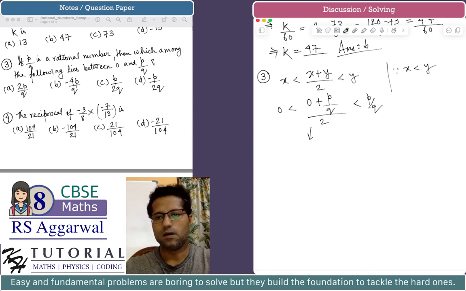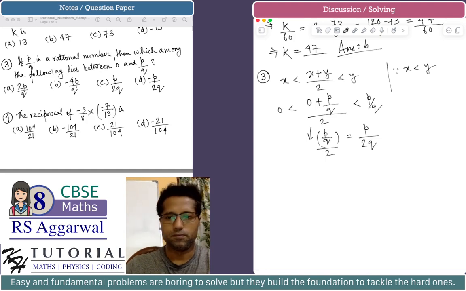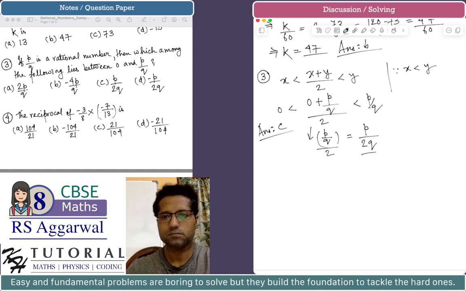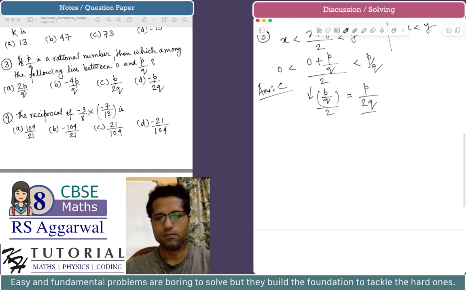This is P by Q divided by 2, which is nothing but P by twice Q. So the answer is choice C.